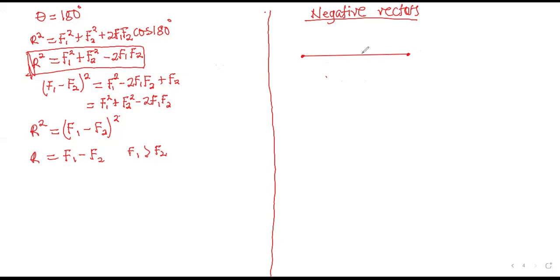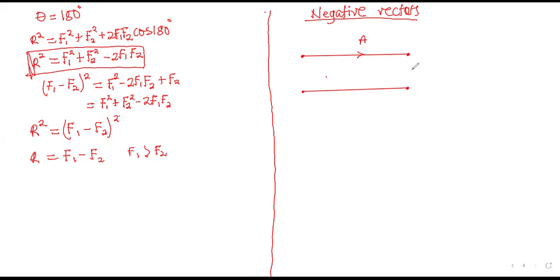Because it's a vector quantity, there must be a direction. This is the vector A. The negative vector of this same positive vector can be obtained by drawing the same length, the same magnitude, but reversing the direction.